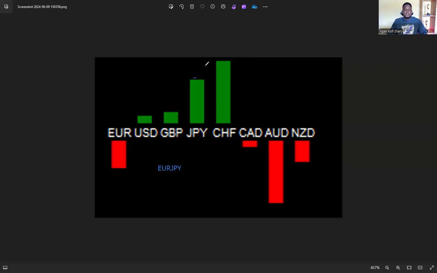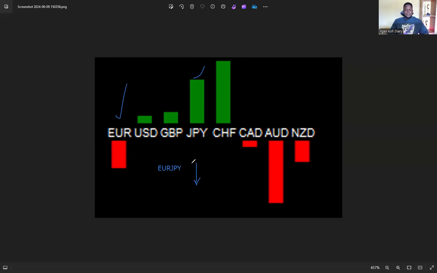So what direction are we supposed to be looking at this pair? We're supposed to be looking at a sell also, because JPY is the quote currency, the second currency on the right. So because of that, it will take the base currency downwards, which is a sell. So Euro JPY, we're supposed to be looking at a sell.